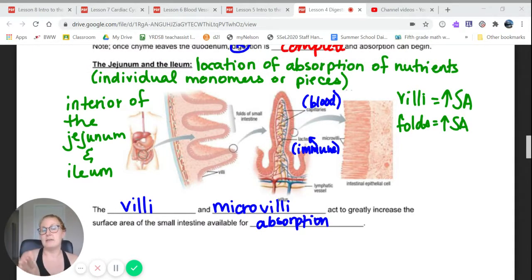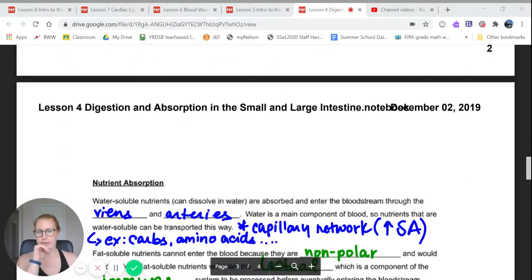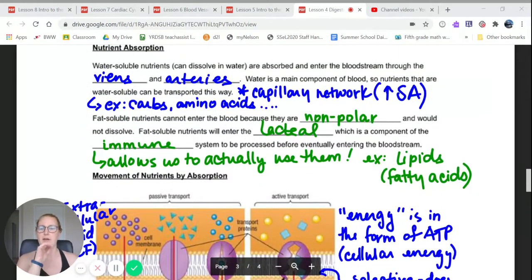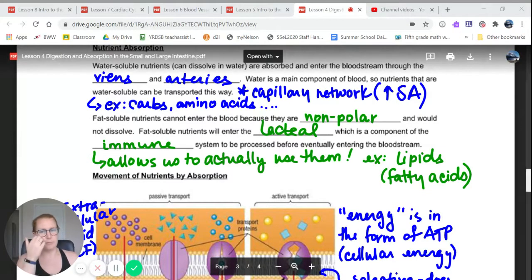And through that lacteal, you will actually absorb things like fats, as well as anything that is hydrophobic, so anything that doesn't like to be dissolved in water. So a little bit more about that after, which is right here. Any of your water-soluble nutrients, which can dissolve in water, can be absorbed into the bloodstream. So that's through the capillary network.